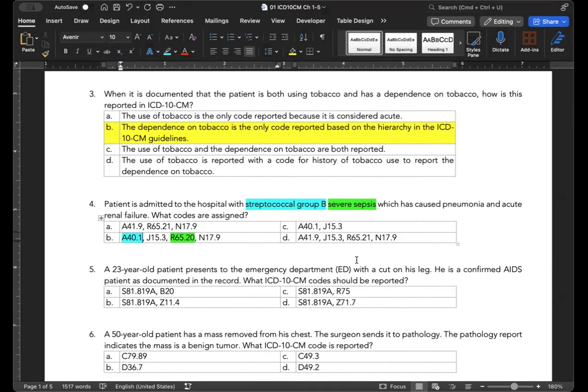Okay. And then, so let's look at our guidelines. If you want to flip to the guidelines for chapter 1, which is where your sepsis guidelines are.